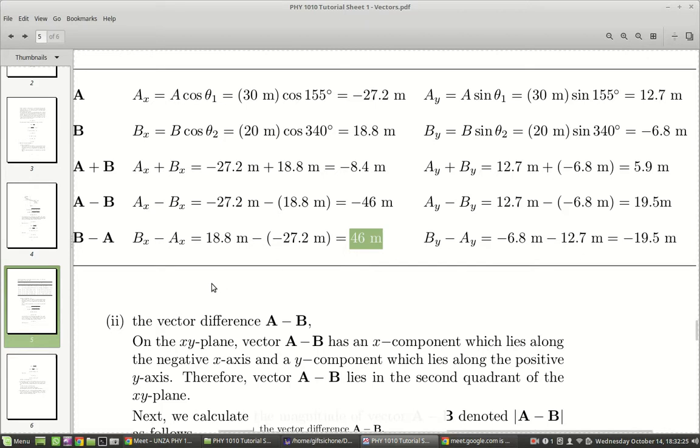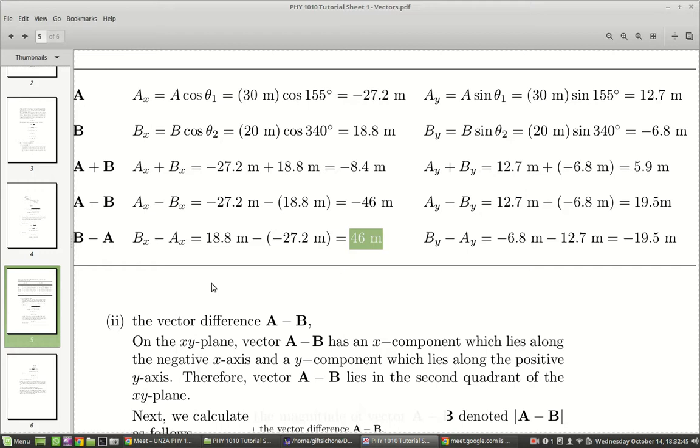So you can see that the x component of b minus a lies along the positive x-axis, and the y component of b minus a lies along the negative y-axis.